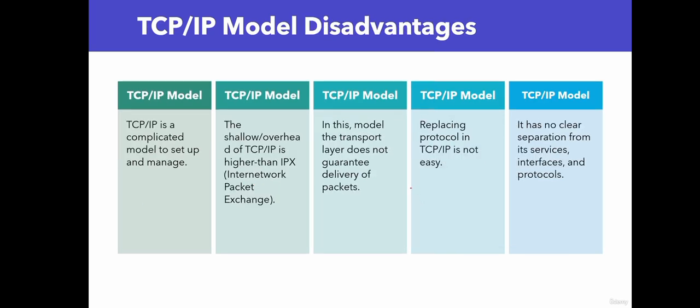There are some disadvantages of the TCP/IP model. It's a complicated model to set up and manage. Replacing protocols in TCP/IP is not very easy. And another thing you may come across is network troubleshooting: because the top 3 layers in the OSI model are split into 3, it makes it a lot easier to determine at what layer the actual issue is located and have it resolved.